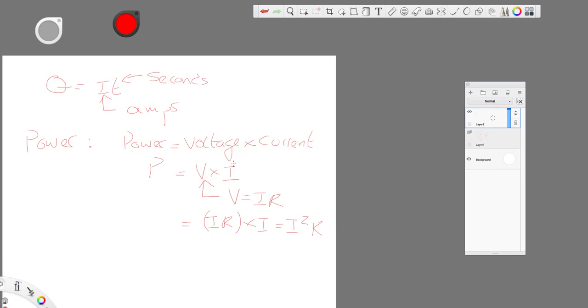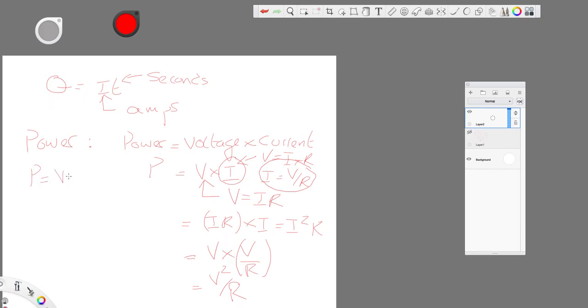We could also rewrite this, if we didn't want to get rid of the V but we did want to get rid of the I, that I from V equals I times R, I is V divided by R. So I could take this then and put it in here, and I would have power is V times V divided by R, which gives me V squared divided by R. So I've got three expressions for power.